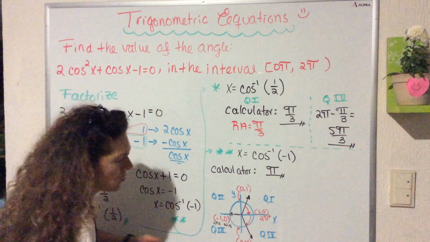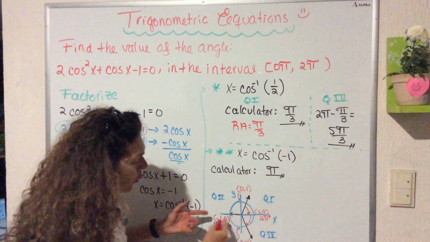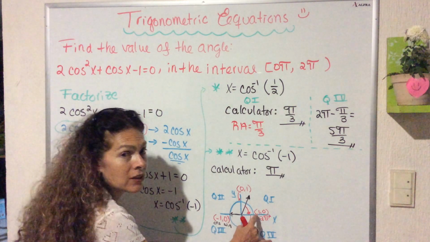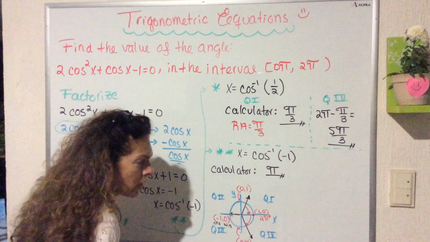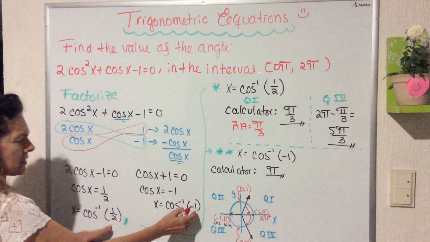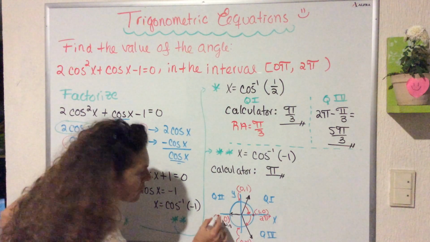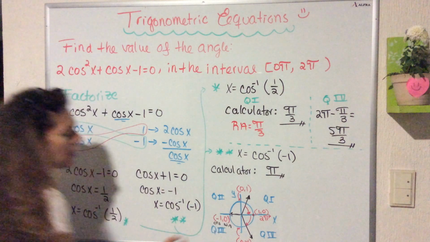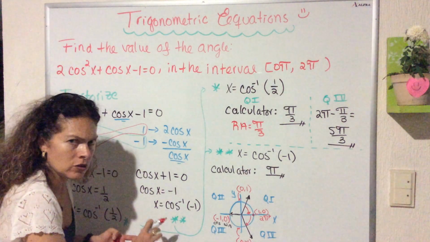As you can see, you do not have any value for cosine greater than 1, because this is the point that you have here, okay? So if you get a value inside the parentheses greater than 1, or in the case of cosine, less than minus 1, you are going to get a math error. You are just going to write there is no solution, okay?